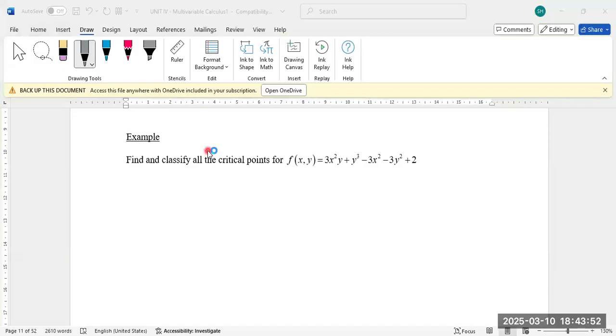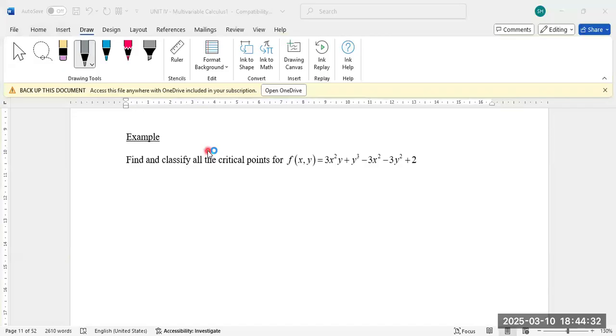All right. So I figure that you have now completed the first order partial derivatives, and the second ones as well. So tell me now, what did you get for f subscript x? 6xy minus 6x. Good.